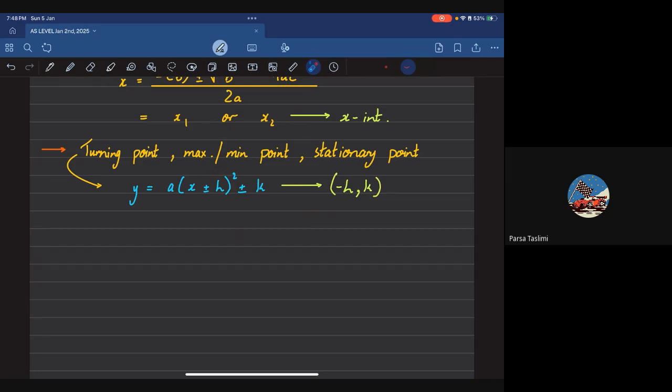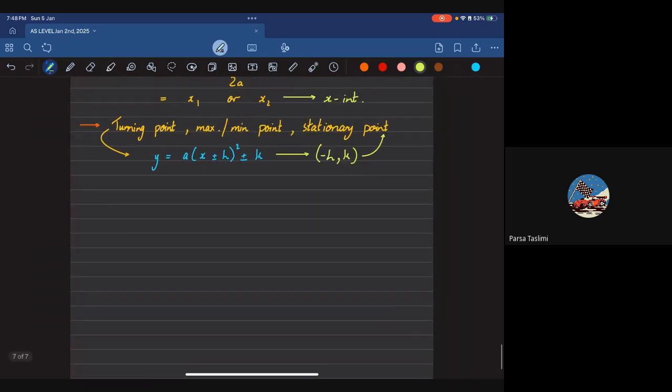So it's the inverse of whatever's happening. If it's x plus 2 over here, the coordinates of the turning point are going to be minus 2, and k is going to remain as k. All right, guys, this is also done.